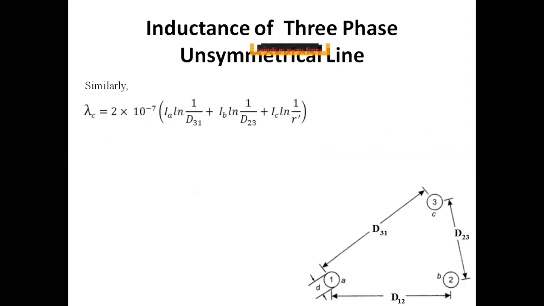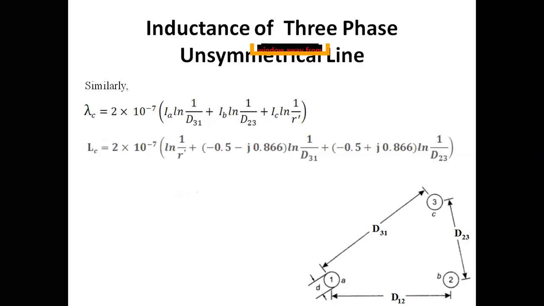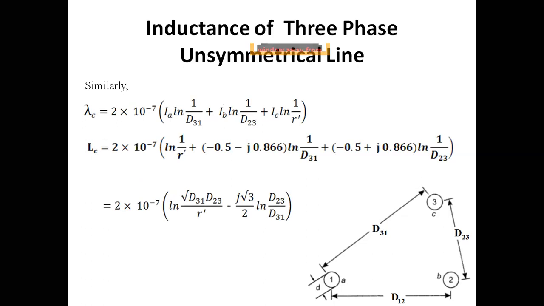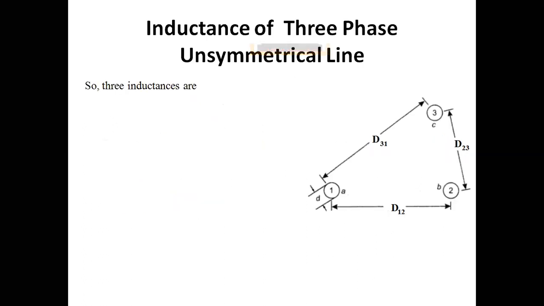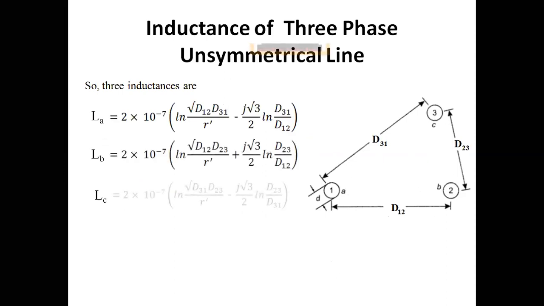In similar fashion, you can find out LC, but here consider C phase as a reference, or IC as a reference, and this is the equation for LC. And after we simplify it, we get these last equations. Now here the three inductances are written again. These are the three inductances.